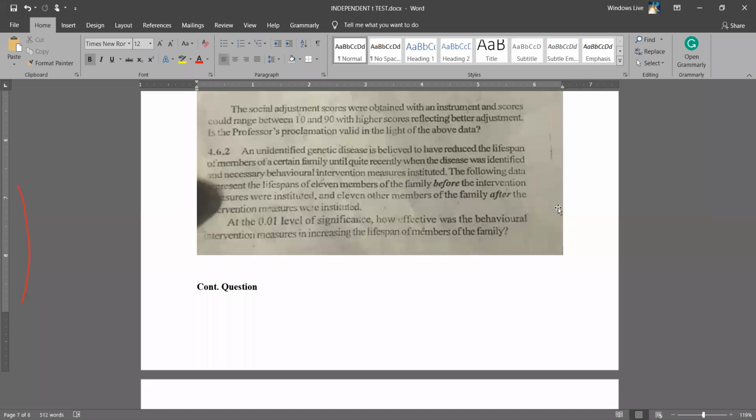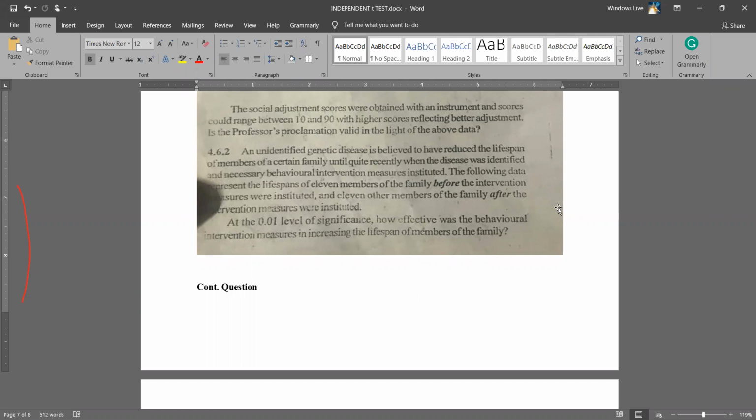Then they've indicated, at 0.01 level of significance, how effective were the behavioral intervention measures in increasing the lifespan of members of the family.